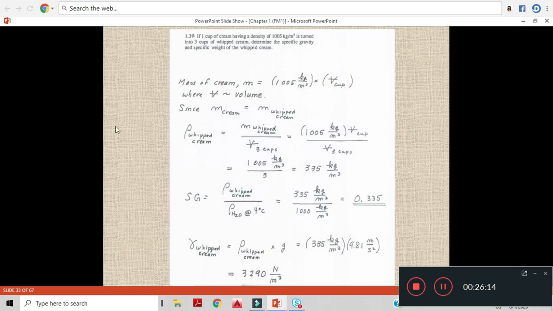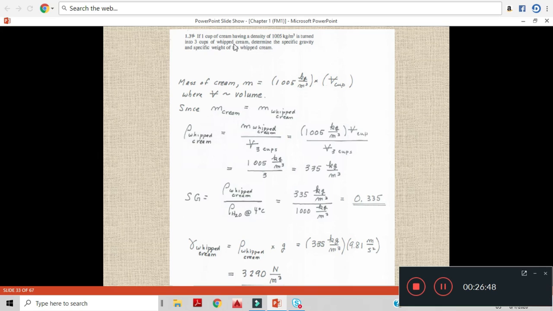Next, there is another problem. If 1 cup of cream having a density of 1005 kilogram per meter cube, the cream density is given, is turned into 3 cups of whipped cream, determine the specific gravity and specific weight of the whipped cream.